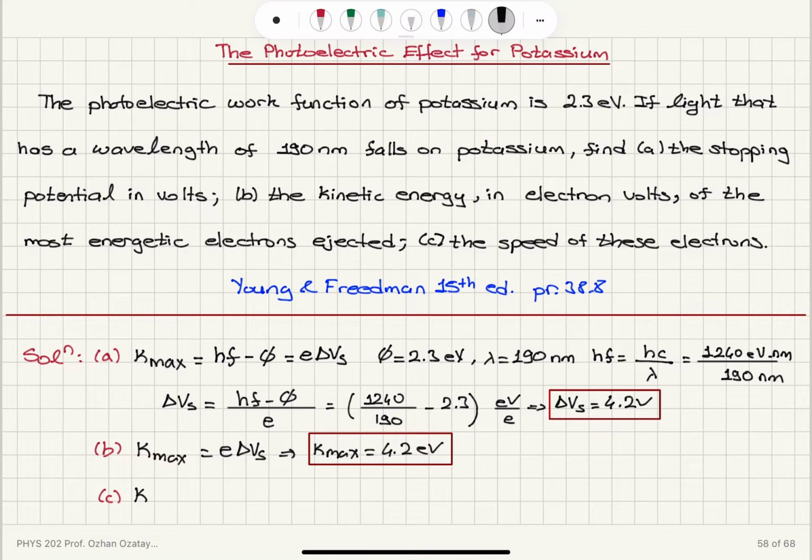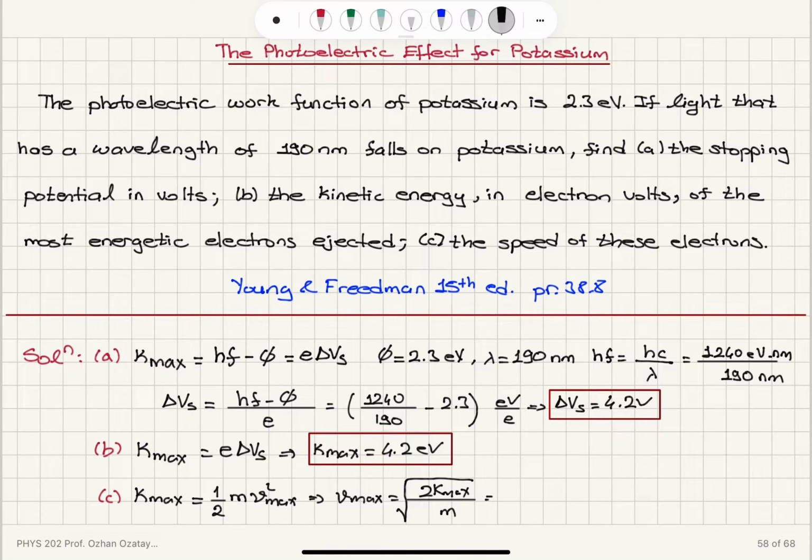Well, we're assuming non-relativistic electron motion here, so the kinetic energy is 1/2 mass of the electron times maximum speed squared. So we will find that the maximum speed of the electrons will be the square root of 2 K_max over the mass of the electron.